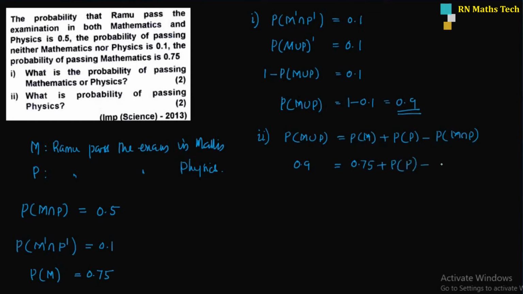We need to find P of physics. P of M intersection P is 0.5. So 0.9 is equal to 0.75 minus 0.5, which is 0.25, plus P of P. Therefore, P of P, the probability of physics, is equal to 0.9 minus 0.25, which is equal to 0.65.